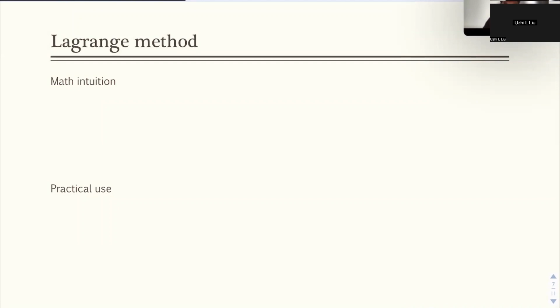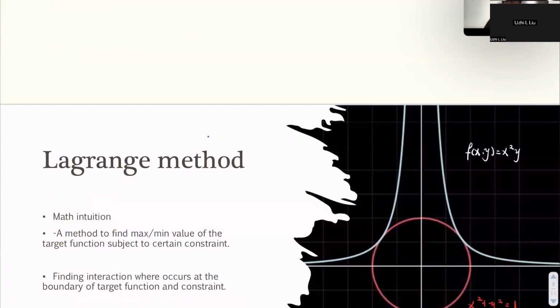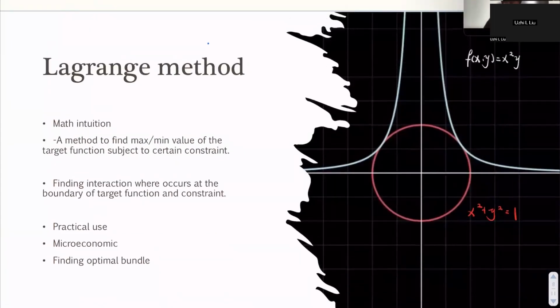Specifically, how the Lagrange method can help us to solve some real world problems. To begin with the math intuition, I think the Lagrange method is a very powerful mathematical technique to solve optimization problems, specifically with constraints. To understand the Lagrange method, we will establish some groundwork.